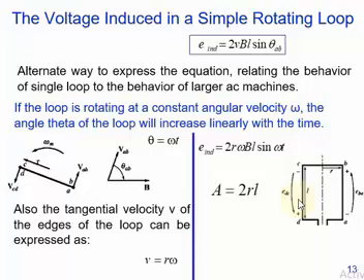Now we substitute 2rL with capital A representing the area of this loop in the equation. After substituting this, we get that the induced voltage is equal to AB omega sine omega t.